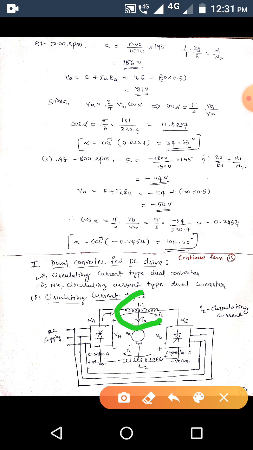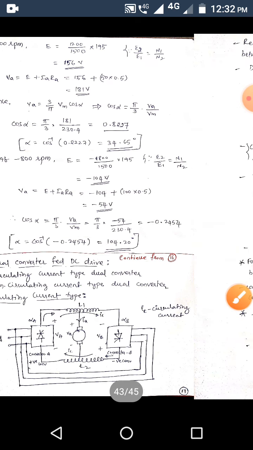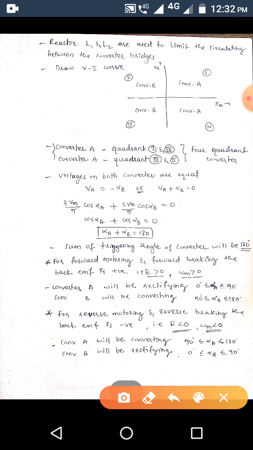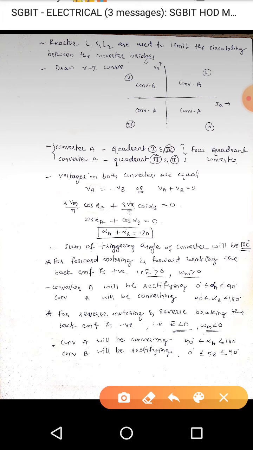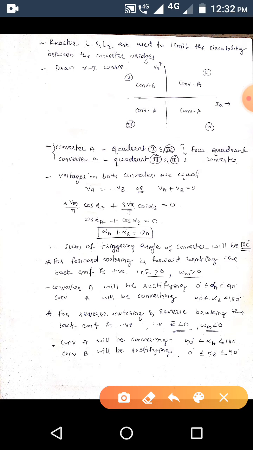You can see in the next slide that the reactors L1 and L2 are used to limit the circulating current between the converter bridges. That's why they have used two reactors on either side of the armature. Let us draw how the circulating current happens in the quadrants.